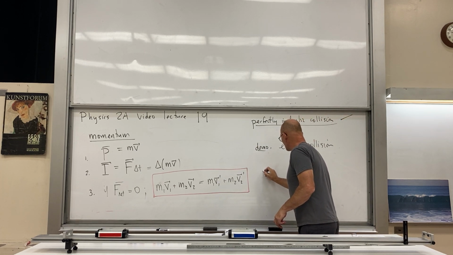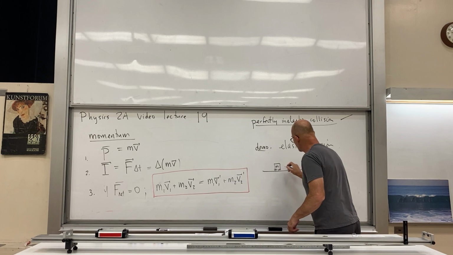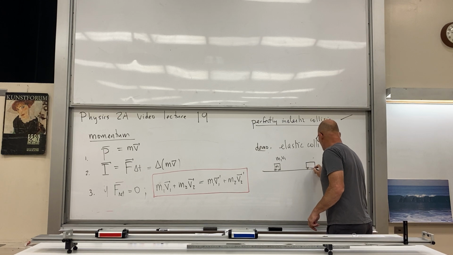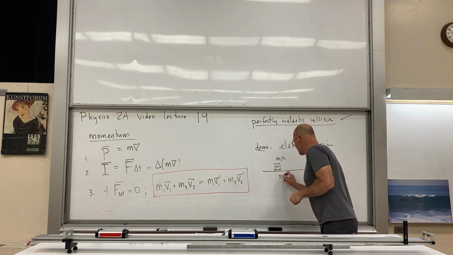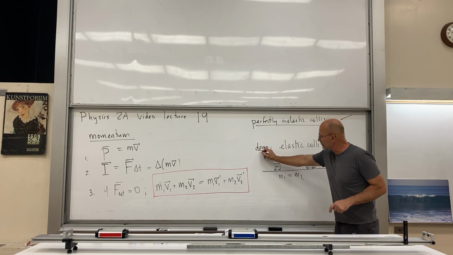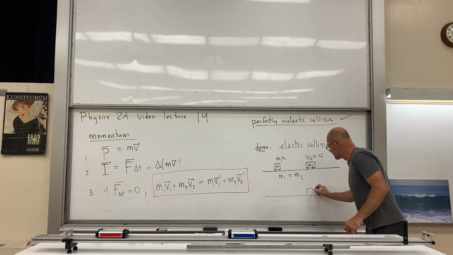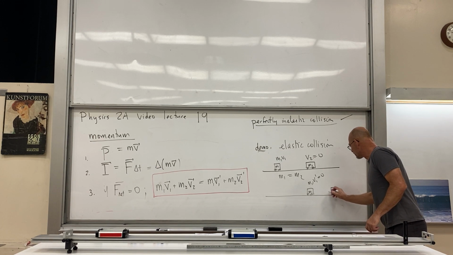and I'll go ahead and sketch what we had here. We have M1, V1, we have M2, V2 equals 0, and M1 equals M2 in this particular demonstration. After the collision, we have M1 V1 prime equals 0, and now our M2 is moving.